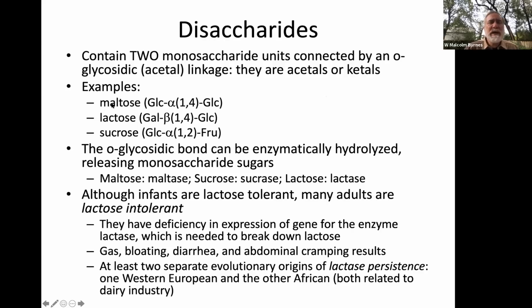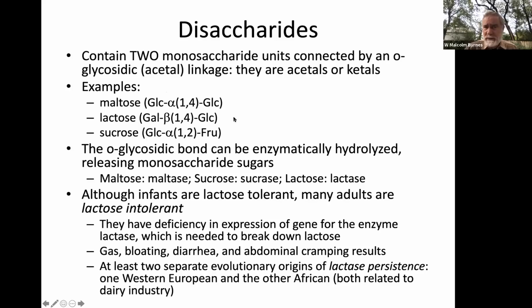Examples of disaccharides include maltose, which is made up of 2 glucose units connected by a so-called alpha-1,4 O-glycosidic linkage. Lactose, which has a galactose and a glucose connected by a beta-1,4 O-glycosidic linkage. And sucrose, which contains a glucose and a fructose connected by a so-called alpha-1,2 O-glycosidic linkage.